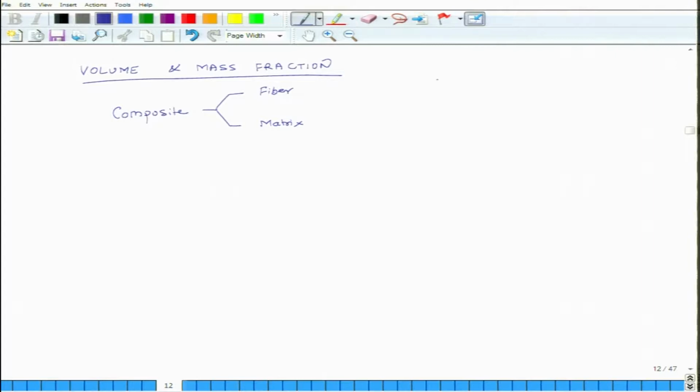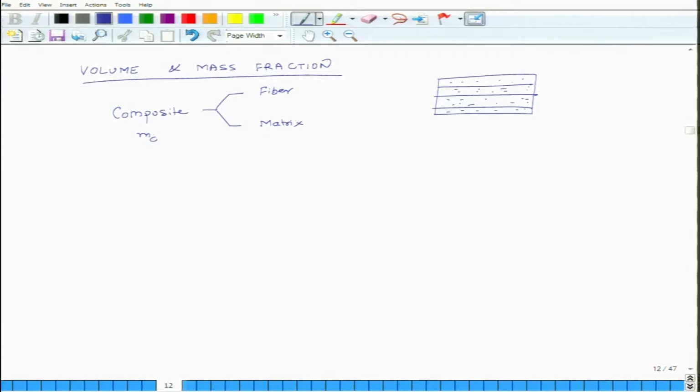So, let us say you have a sample of composite. So, these are fibers and then you have matrix. Let us say that the mass of the composite, this sample, is MC. So, C stands for composite.